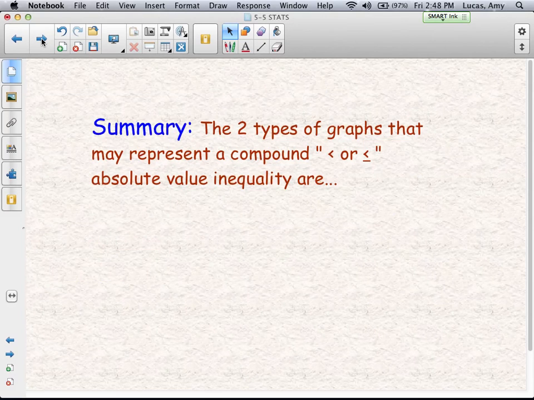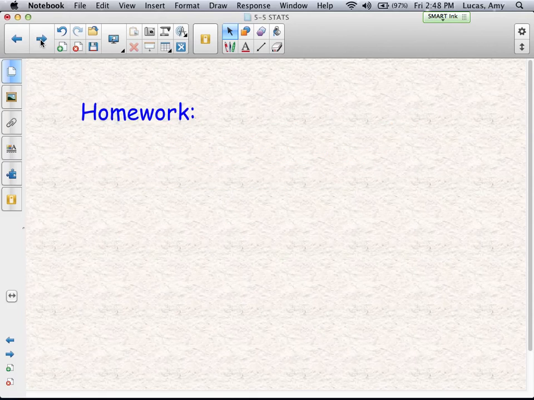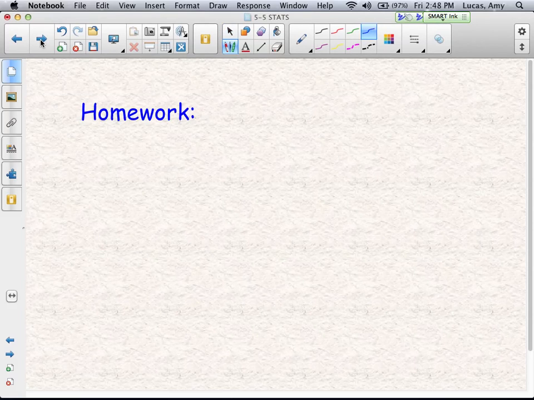Okay, that's it. You should be able to write a summary now and work on your homework problems. The homework problems for this lesson are written on my calendar. And I will write them in here for you.